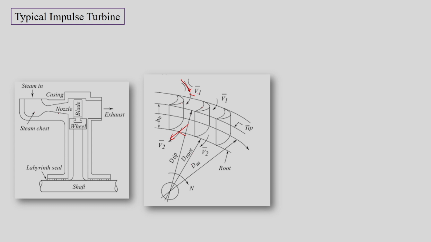In the case of an impulse turbine, the flow will directly hit onto the blades, and due to this interaction of the steam and the blades, the blade will try to rotate. Here we expect that while flowing through the passage of the blade, there is no enthalpy drop and no pressure drop for the blades.